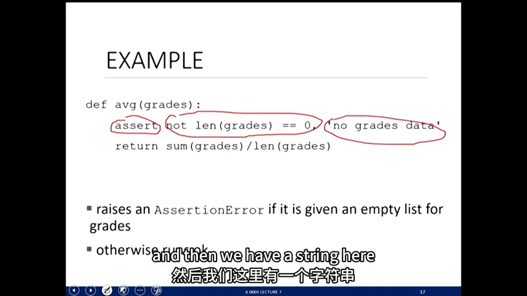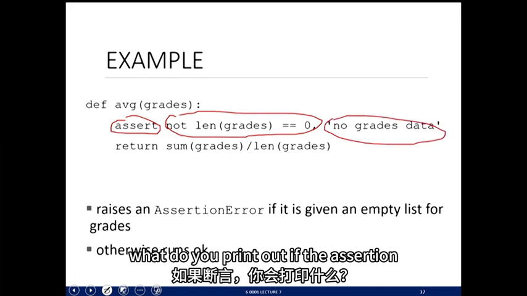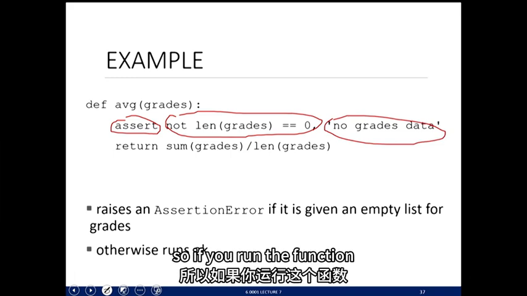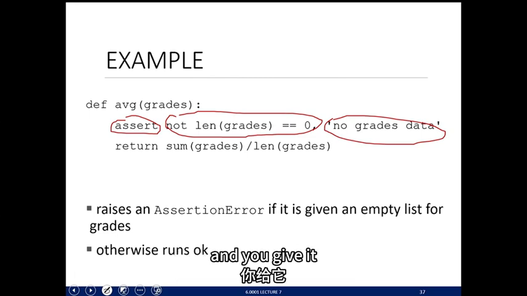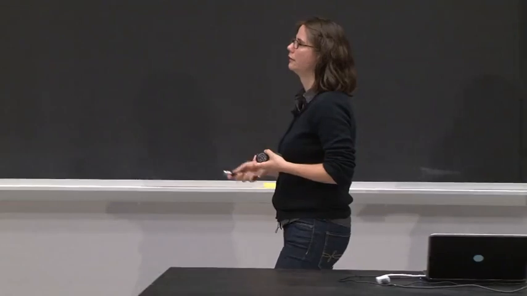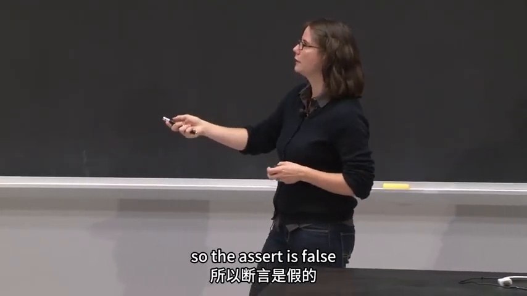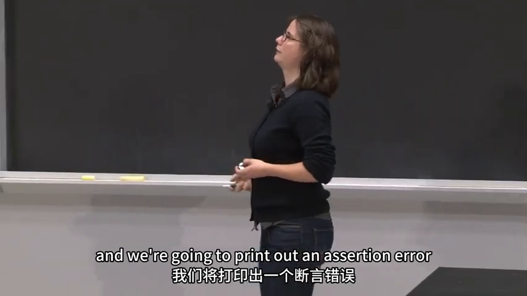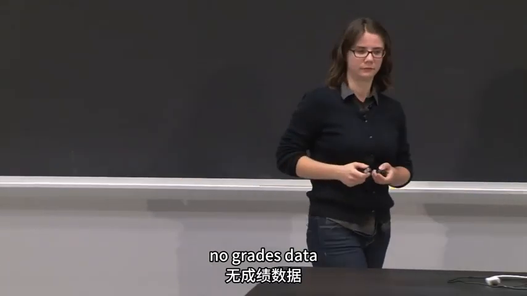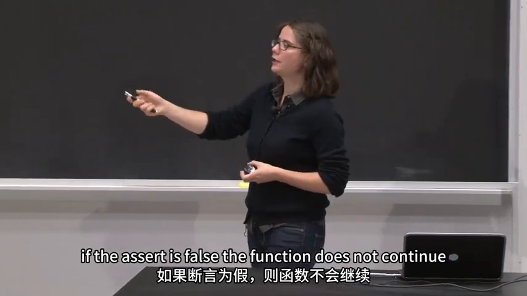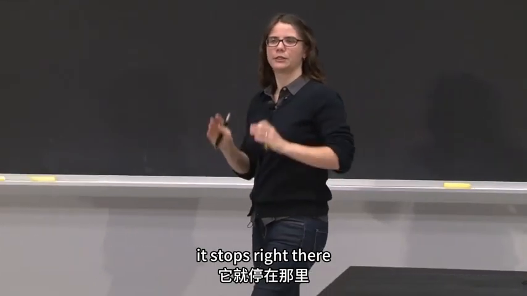And then we have a string here which represents what you print out if the assertion does not hold. So if you run the function and you give it a list that is empty, this becomes false. So the assert is false. And we're going to print out an assertion error, no grades data. Okay? If the assert is false, the function does not continue. It stops right there.